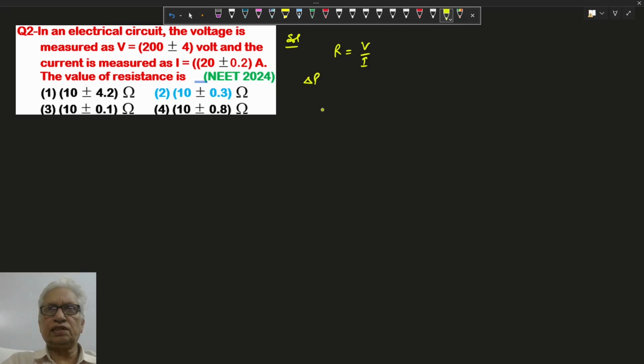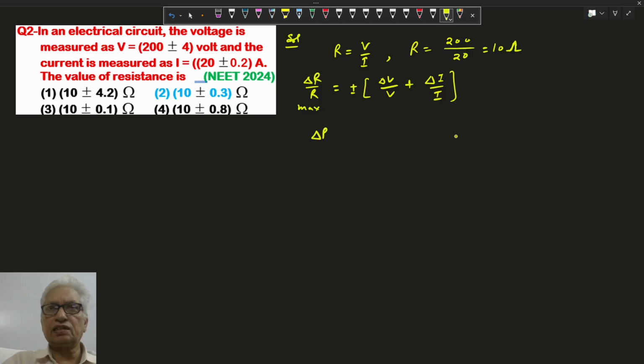It will become delta R upon R equals plus or minus delta V upon V minus delta I upon I. If we put here delta R upon R, R value is 10, delta V is 4 divided by 200, and 0.2 divided by 20.